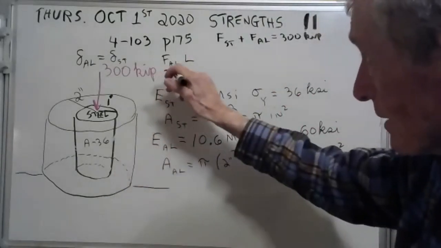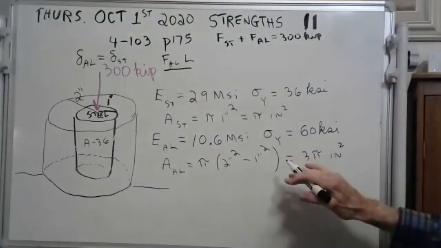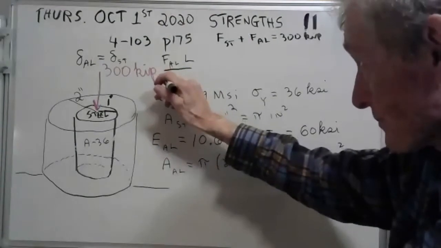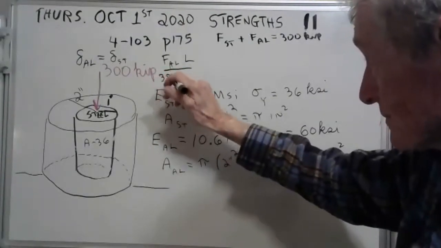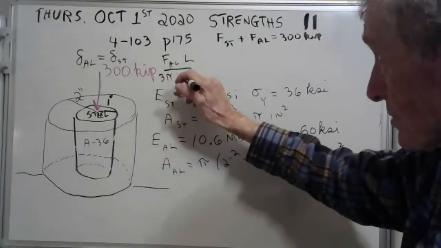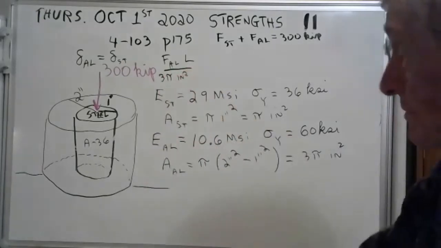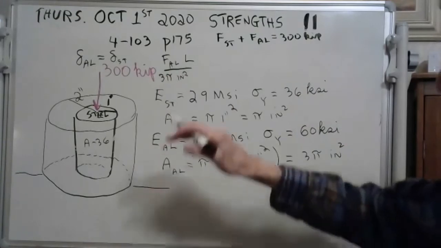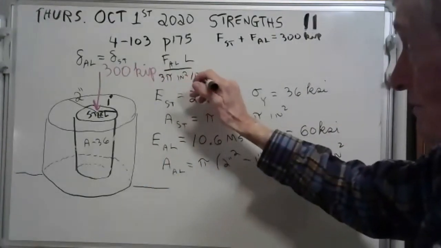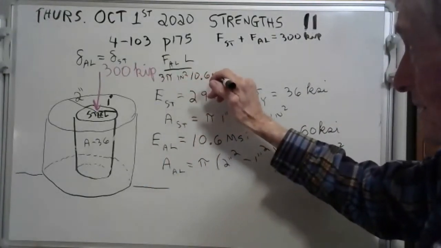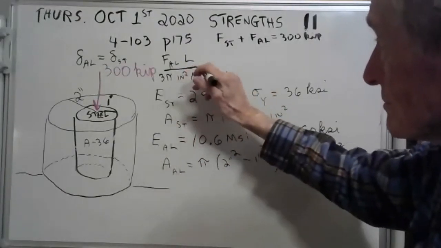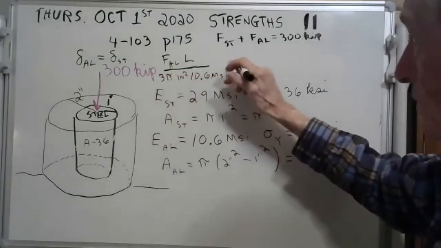Divided by the area, which is 3 pi square inches, times the modulus of elasticity, which is 10.6 MSI. We're done. That's the deformation of the aluminum.